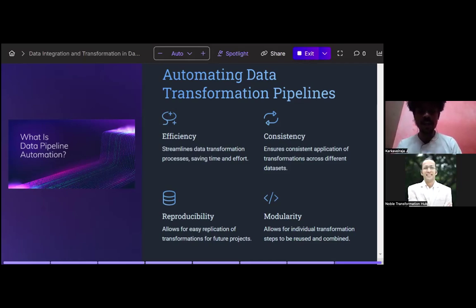So, automating the data transformation pipeline. First is efficiency: streamlining the data transformation process, saving time and effort. Next is consistency: ensuring consistent application of transformations across different data sets. Reproducibility allows easy replication of transformations for future projects, since once we have these steps, we can replicate them. Modularity allows individual transformation steps to be reused and combined.